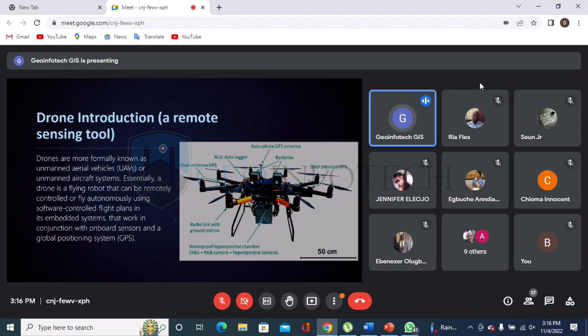We have drones for geologists, for those that are into geology, and drones that are specifically built for mining, and for oil and gas. Some drones can detect oil leakage based on the amount of heat coming out from the surrounding, so you can understand where it's coming from. For every purpose you are trying to use the drone for, you have to know the type of drone to get.